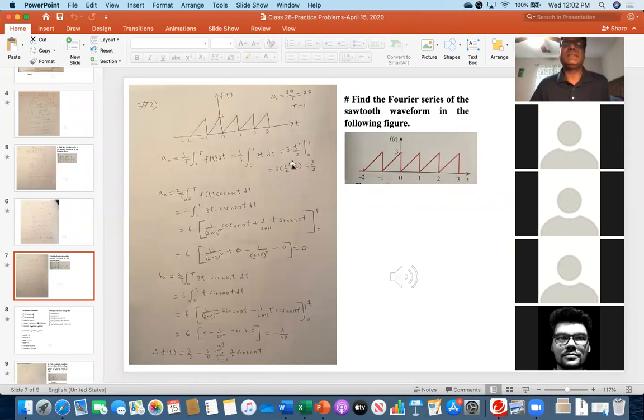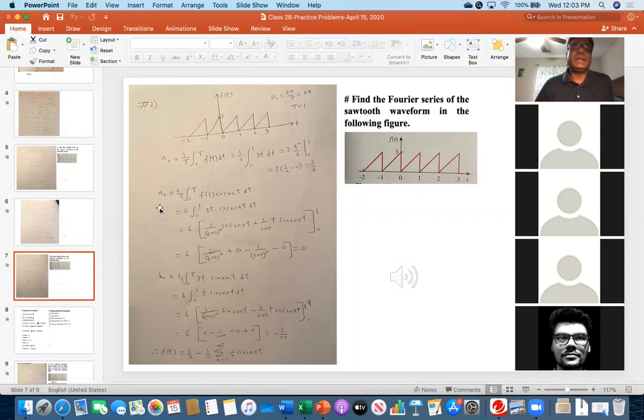It is not just 3, it is 3t. And as I explained, that is coming from y equal to mt, where m is the slope. Then limit is 0 to 1, and 3 is constant, then integration t square over 2, limit 0 to 1. So finally, after putting in the upper limit and lower limit, you are getting 3 by 2.